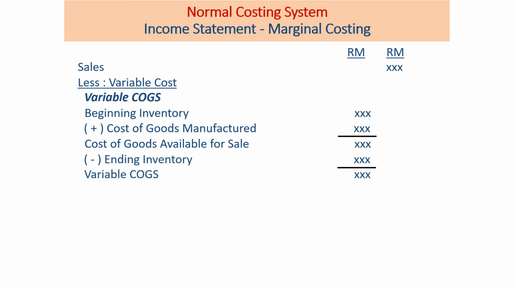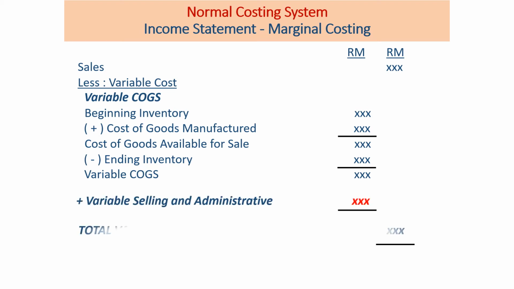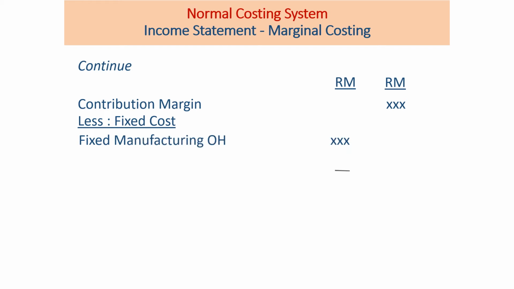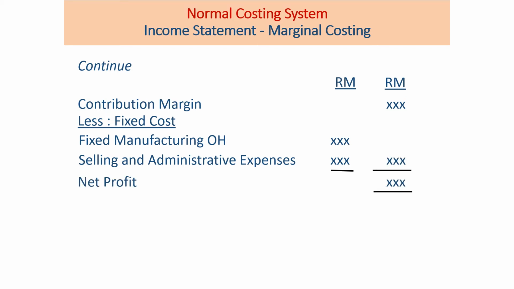You get the variable cost of goods sold plus variable selling and administrative, so you will get the total variable cost. Sales minus total variable cost gives the contribution margin. And then you deduct the fixed costs, fixed manufacturing overhead and selling and administrative expenses, so you derive the net profit.